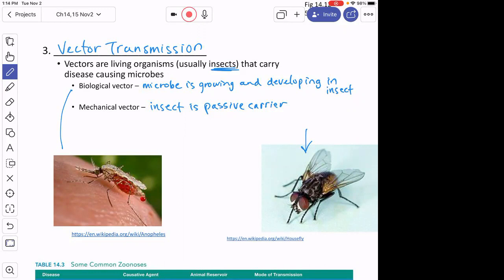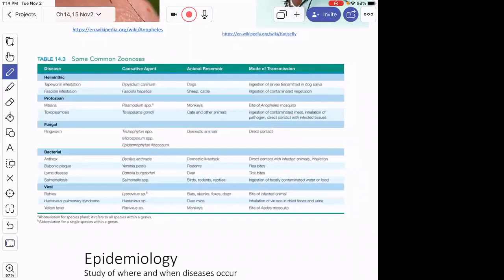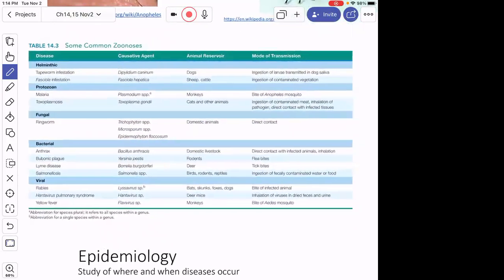Okay, but lots of diseases, again, depend on some kind of vector. Oftentimes that's a mosquito. I just wanted to draw your attention to this table in your book, not to memorize any of these infections, just to get you used to the terminology.